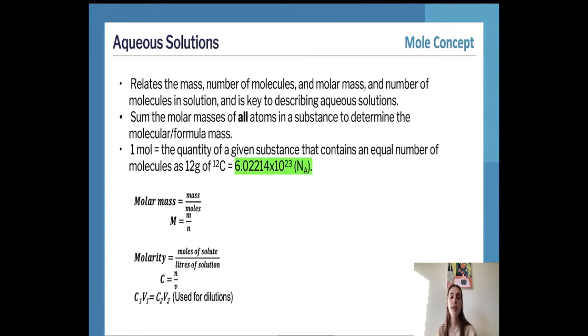But we want to determine how that is going to affect the concentration of the solution which we have. Because we know our solution which we currently have is 1 molar, but how is that going to change when we add more water? So we go 1 times 0.01 equals C2 times 0.11.